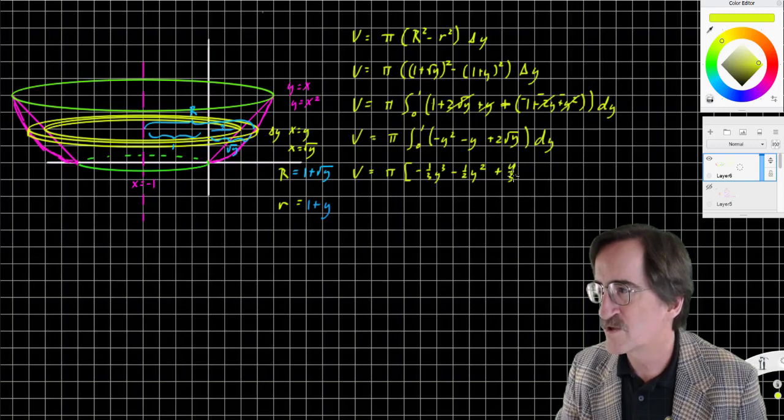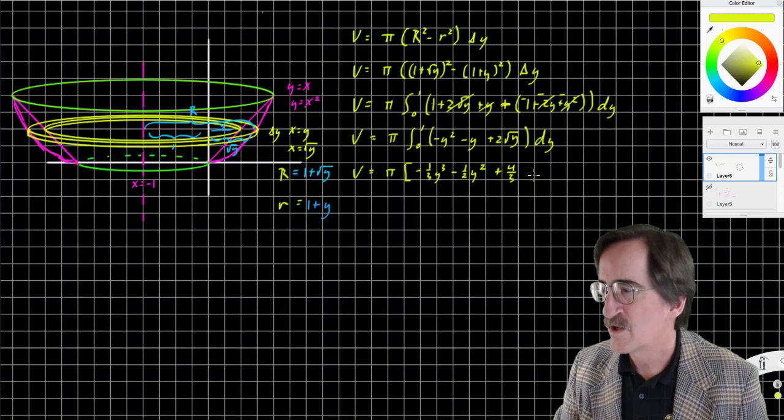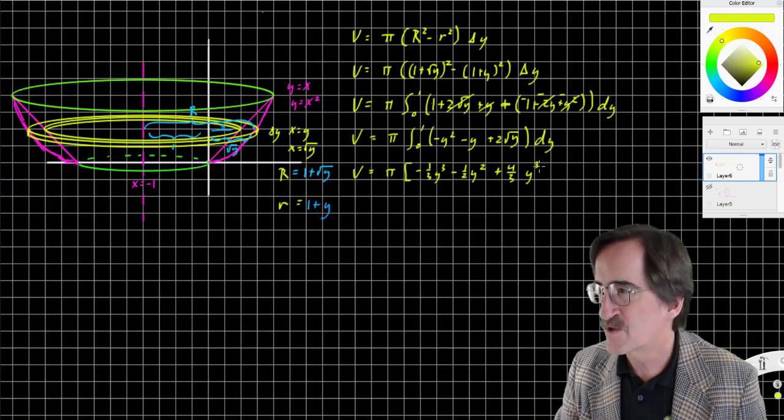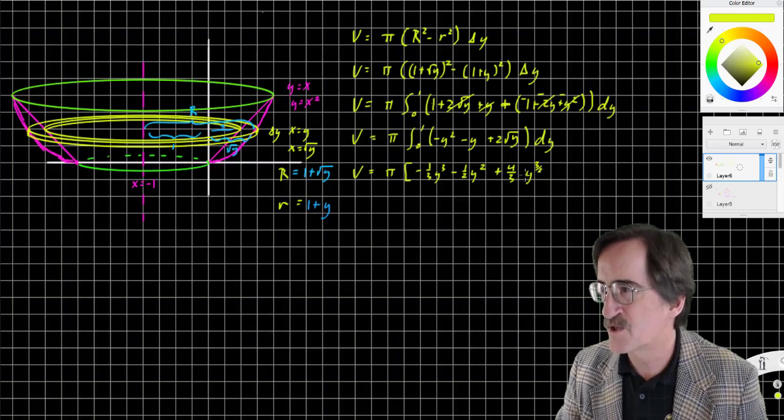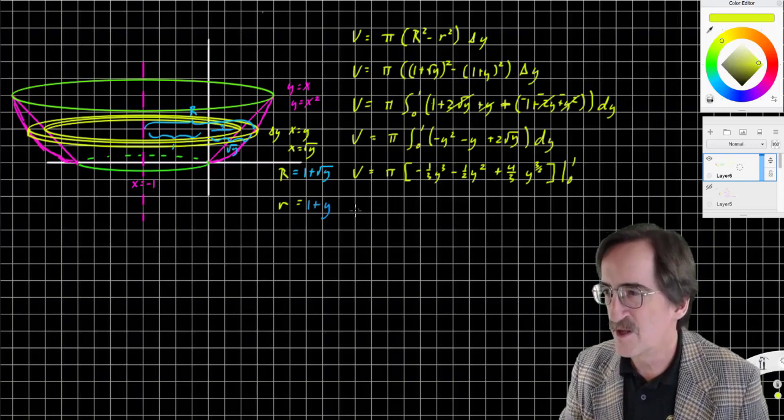So 4/3 y to the 3/2. It's actually the square root of y cubed. From 0 to 1. And luckily 1's easy to insert.